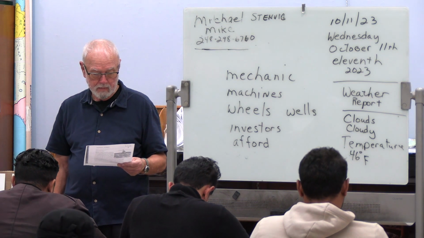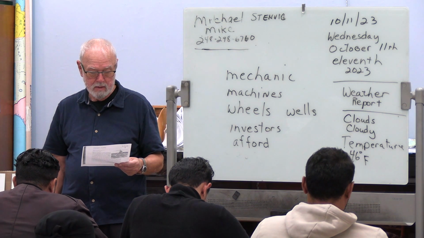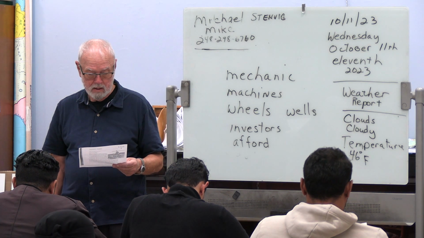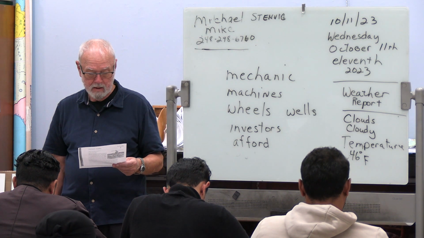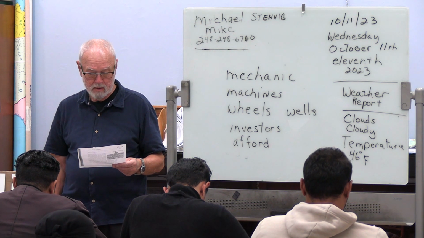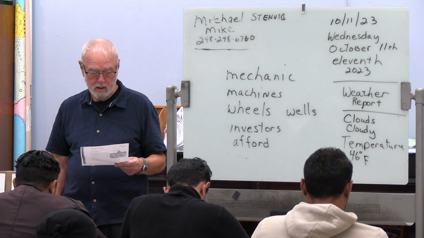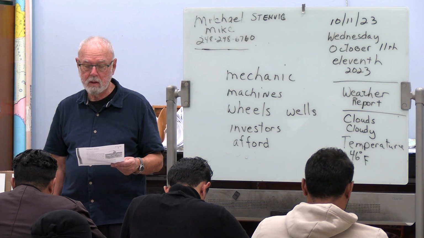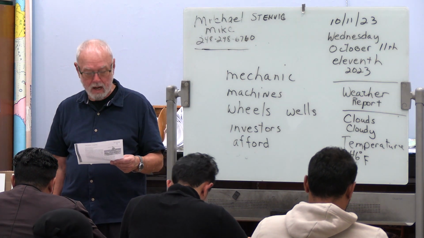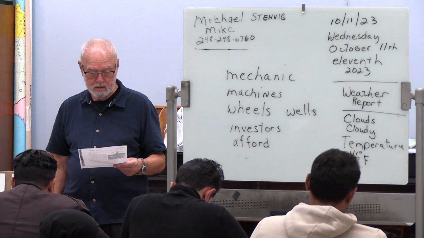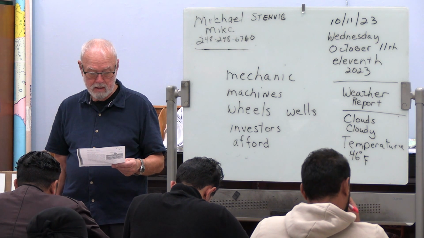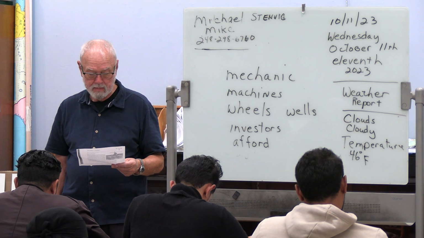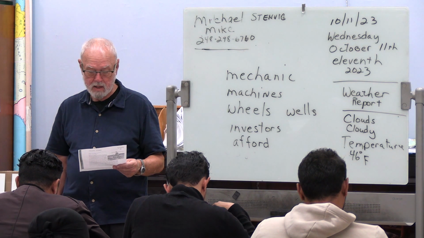Number two. He wanted to build a car that many people could afford. A, he wanted to build a car many people would have enough money to buy. B, he wanted to build a car people would be able to sell easily.